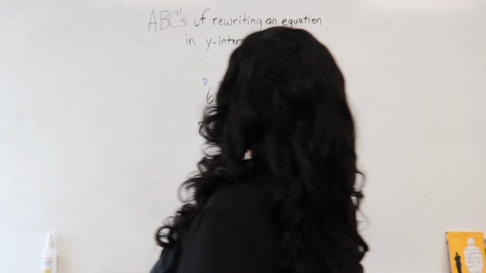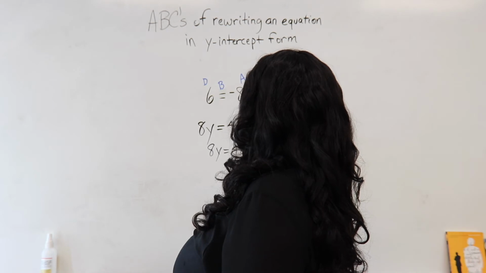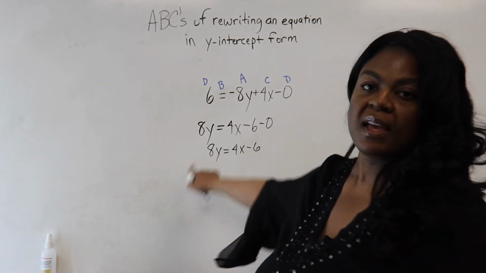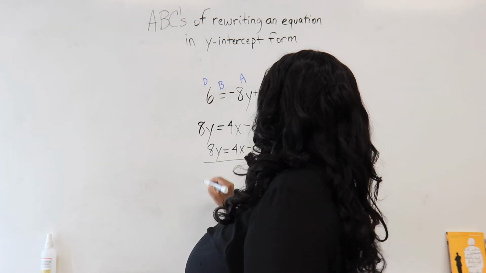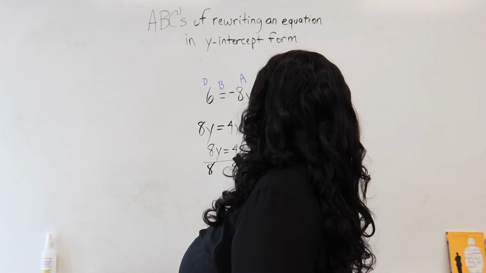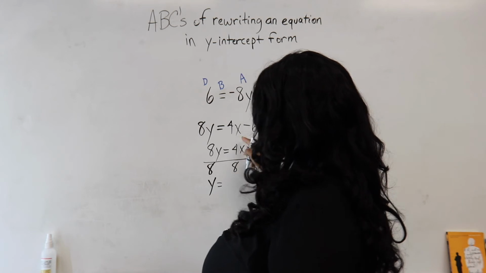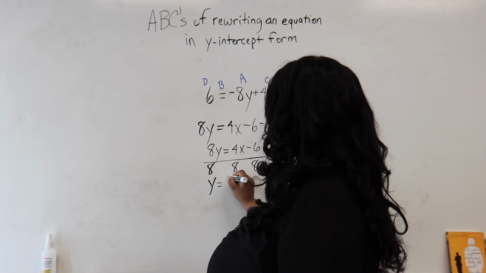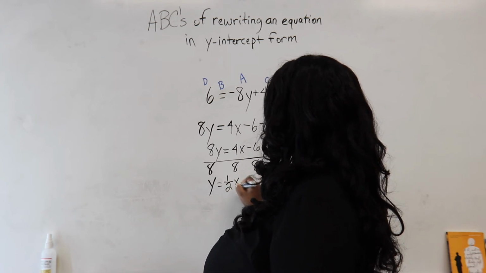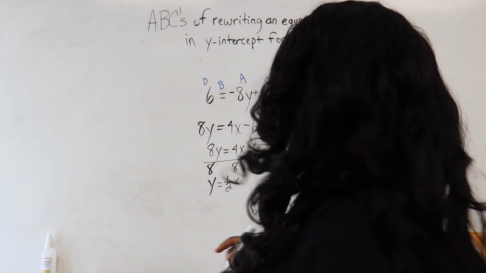Anything subtracted by 0 stays itself, okay? So let's rewrite it. 8y equals 4x minus 6. We want that y all by itself. So that's y equals, simplify this, 4 can go into 4 once, 4 can go into 8 twice. We can simplify this also. A 2 can simplify both of those.